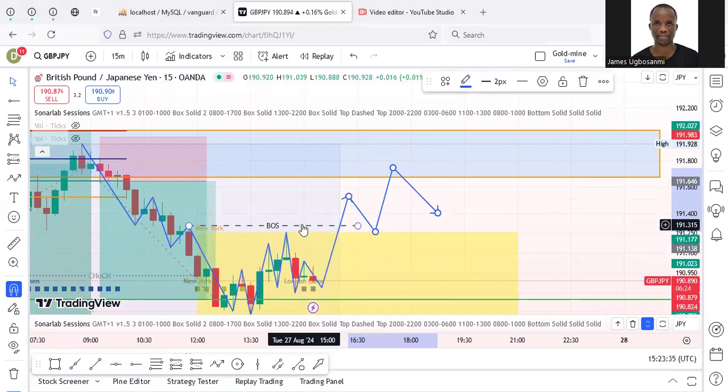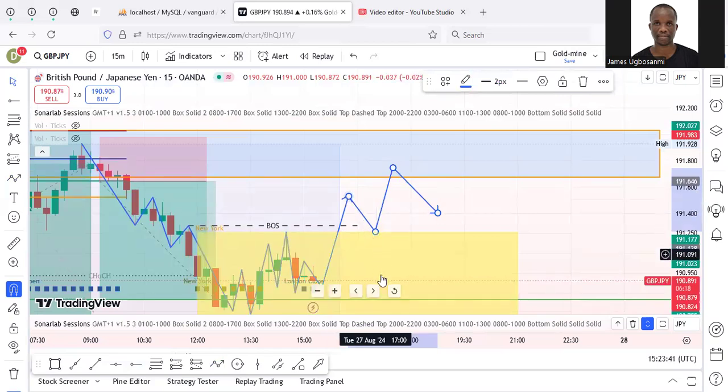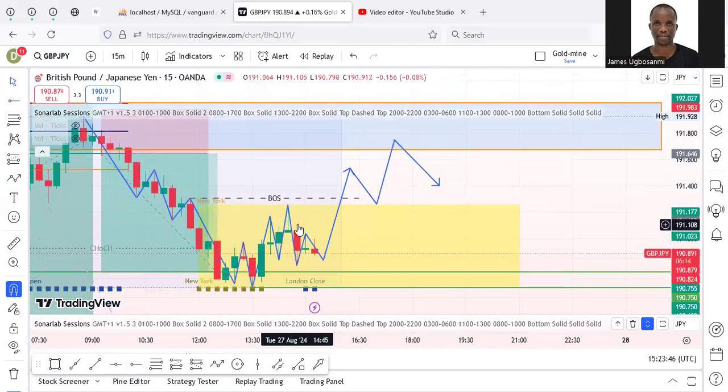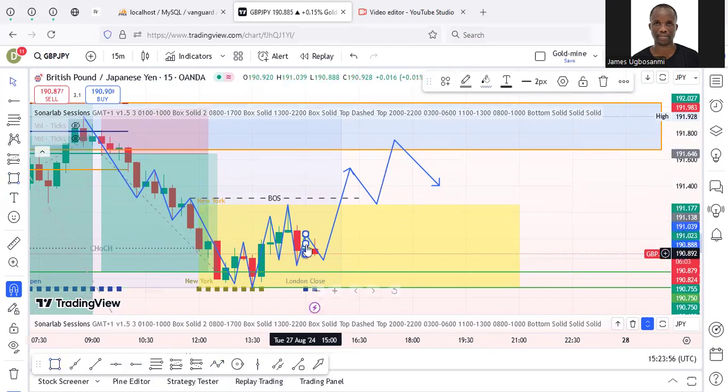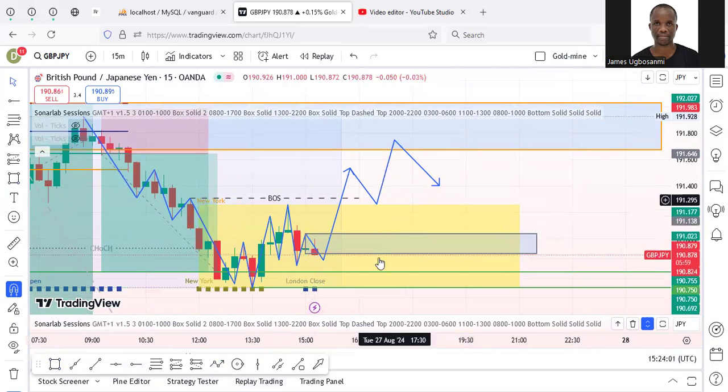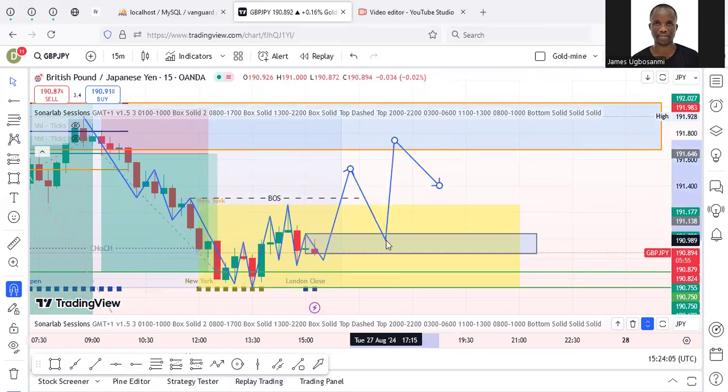If it breaks above it, then we could patiently wait for it to retest one of these zones here. Let me say I'm picking this one and this one, I'm just waiting for the market to retest and come to a place like this region.